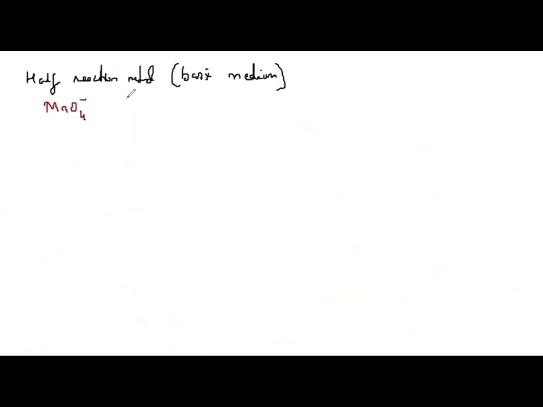The equation is MnO4 minus plus I minus gives MnO2 plus I2. Okay, so first we will identify the charges. MnO4: x plus minus 2 into 4 is minus 8, equal to minus 1. 8 minus 1 is how much? 7.